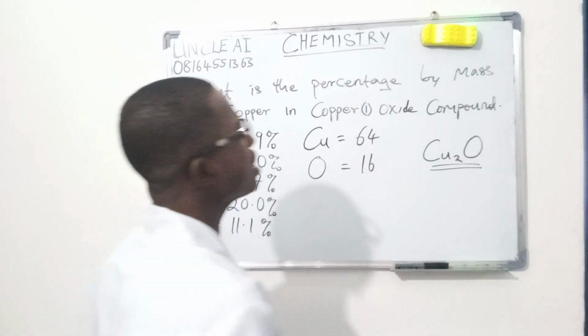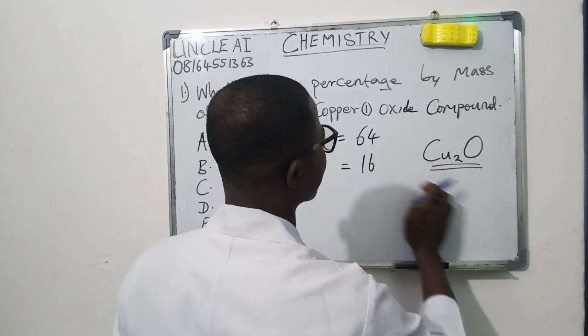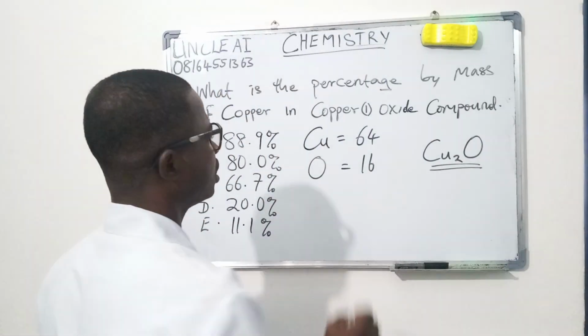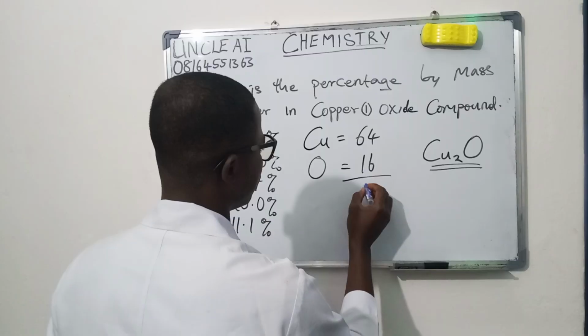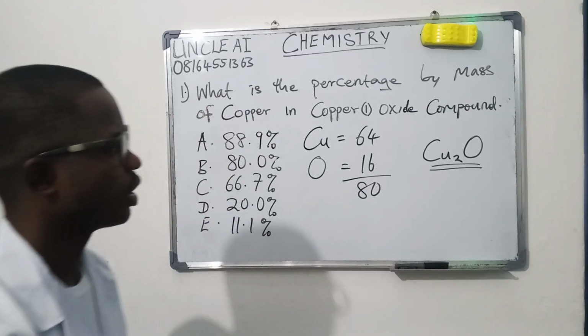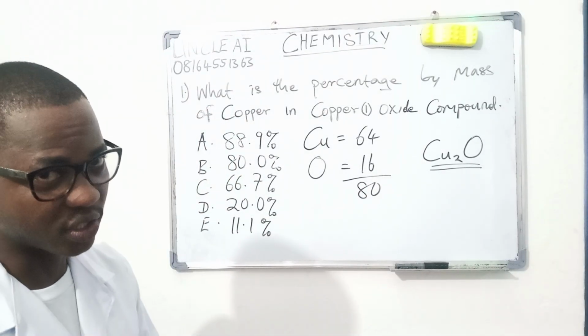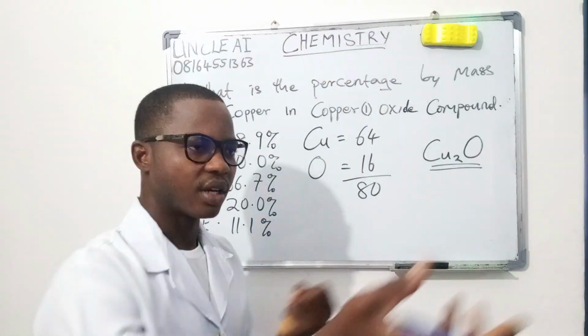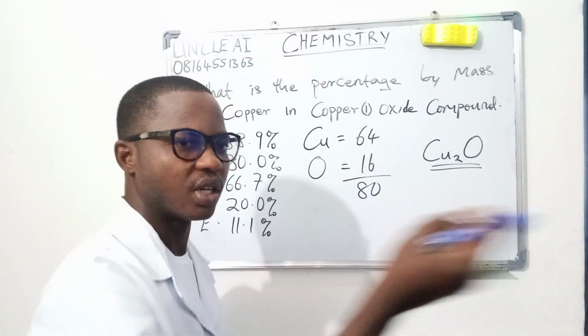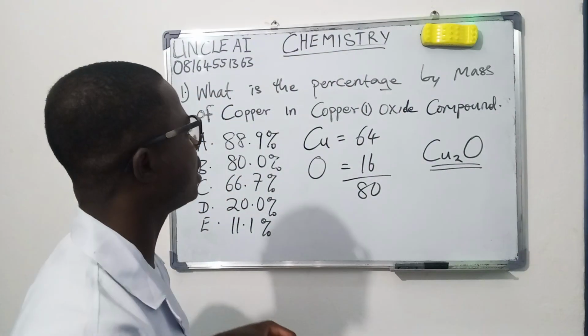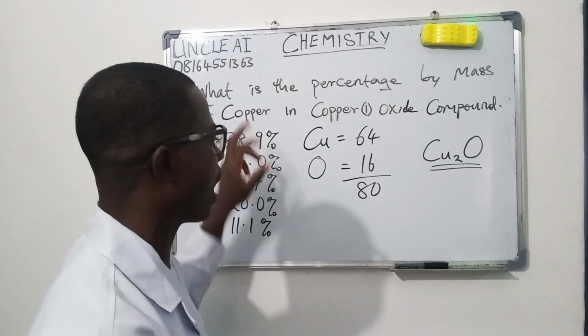Now, that means the total mass, the molecular mass of this compound is actually 80. That is not the question. We are just grabbing some things that will enable us to calculate the percentage by mass of copper.